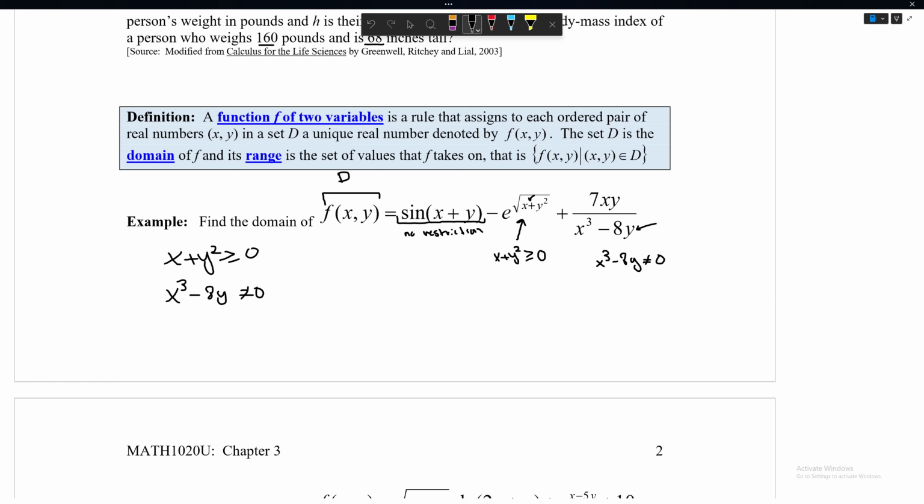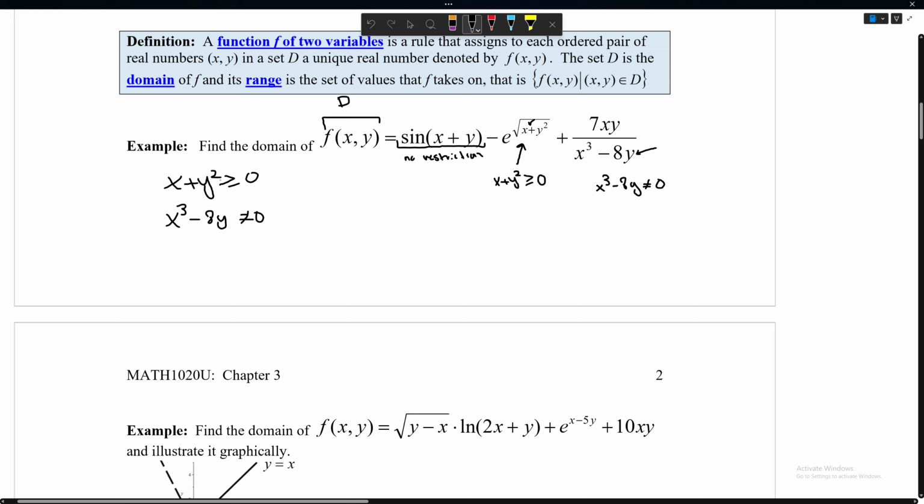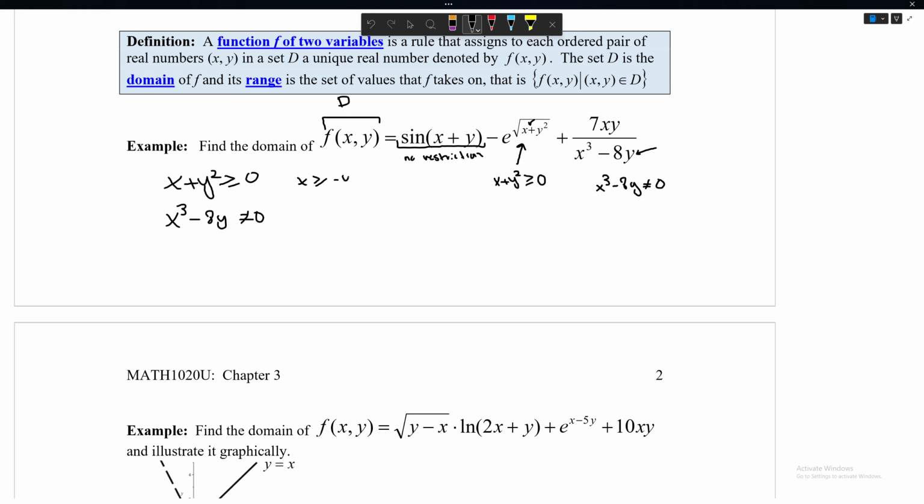All right, and so that's one. Now you can technically isolate, like you could take y to the other side, where now your range for x has to be more than whatever value of y squared. So that's one way.